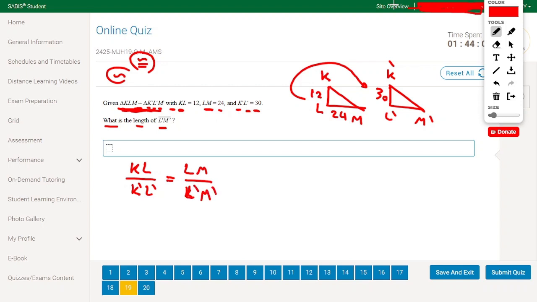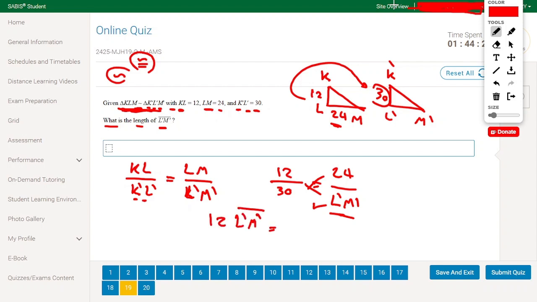Now KL is 12, divided by K dash L dash 30, equal to LM, which is 24, divided by L dash M dash, and this is what we need to get. Now, cross multiplication, we have 12 L dash M dash equal to 30 multiplied by 24.